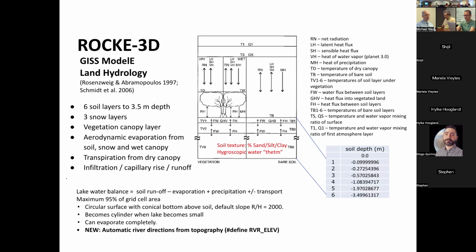But basically, mostly on the vegetated part, it's the canopy which interacts with the atmosphere. It gets all the fluxes and then basically fluxes are passed by the canopy to the ground.